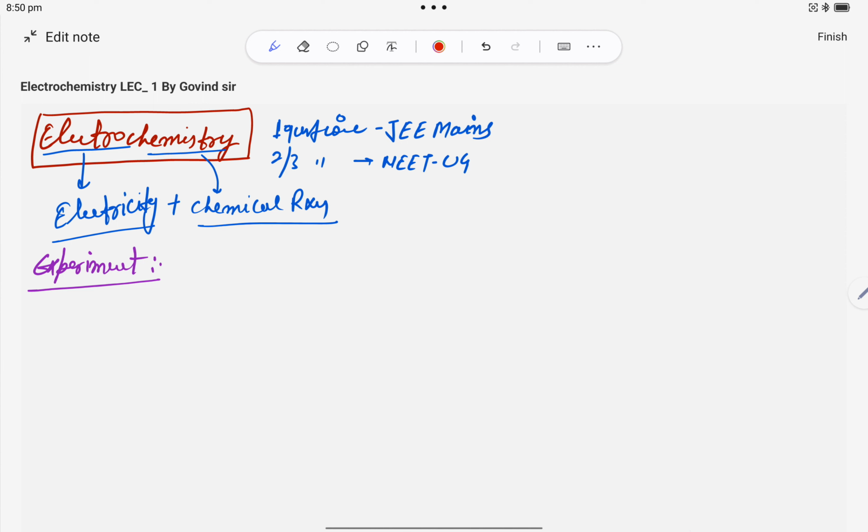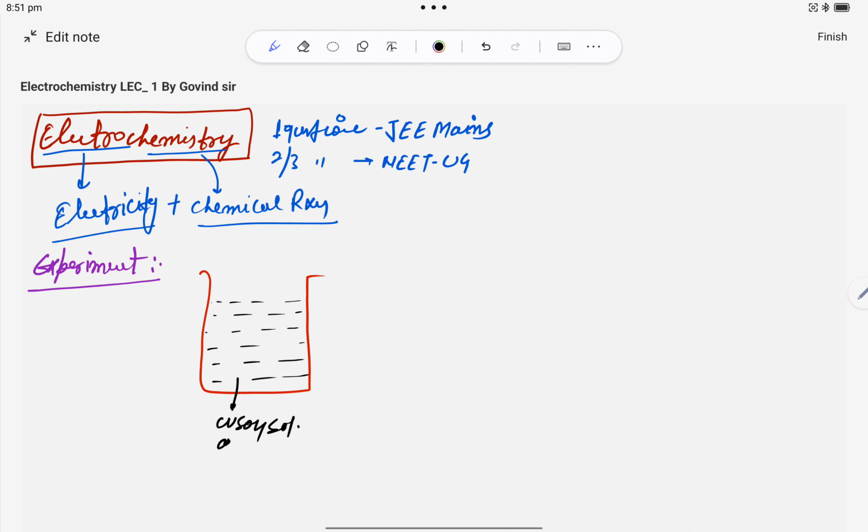Here is one container, a vessel you can say. In this vessel we are pouring copper sulfate solution, CuSO4 solution. What is the color of CuSO4 solution? Aqueous, and this is blue in color.